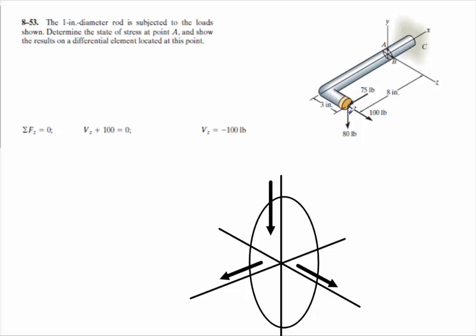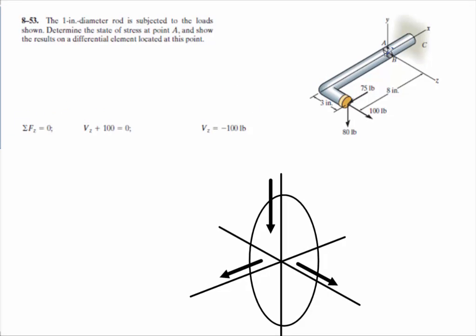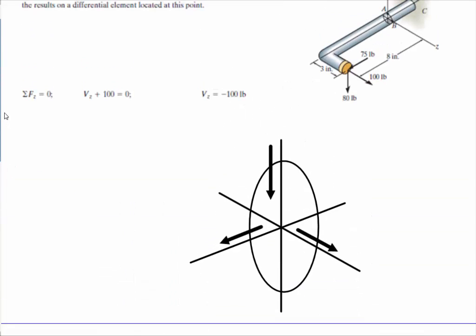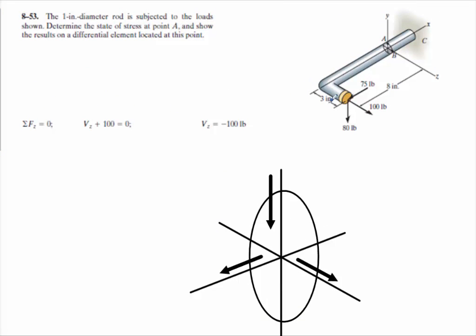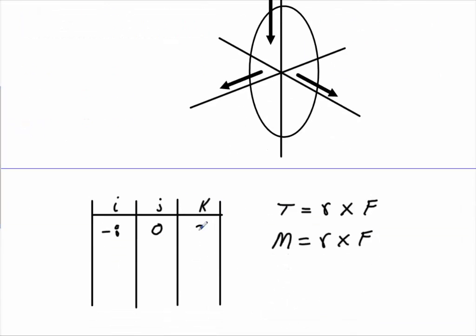Are we going up? No, we're not at all, right? J in this case would be 0 in all cases, right? Because they're in the same plane. If I cut a plane through here, there's no value. So I put 0 into here. I go to my K distance and I say, how far is K going to be? K is going to be +3. So I put that into here.